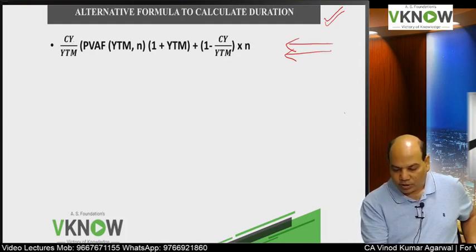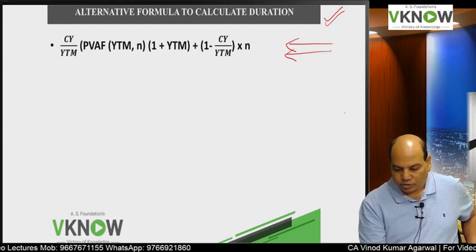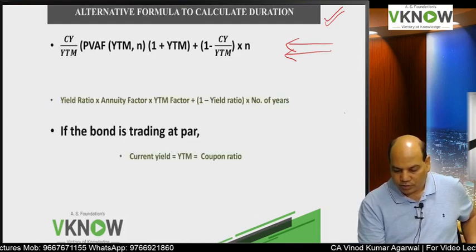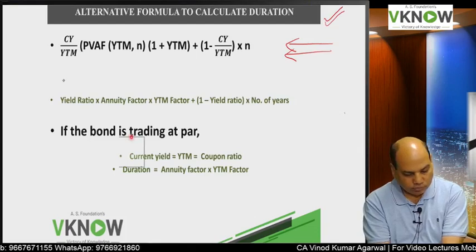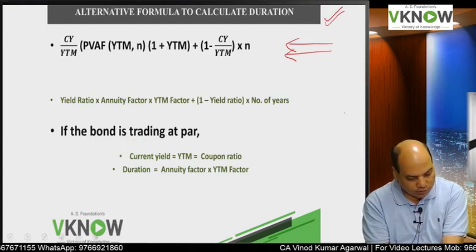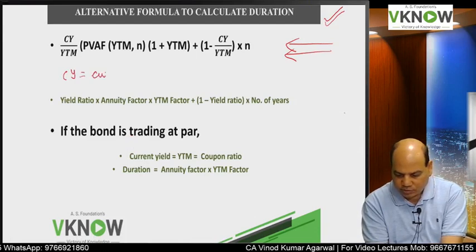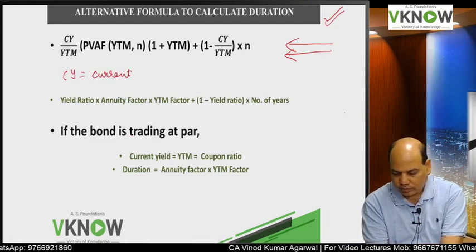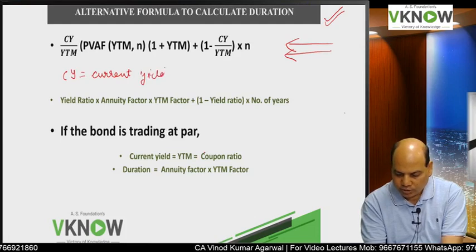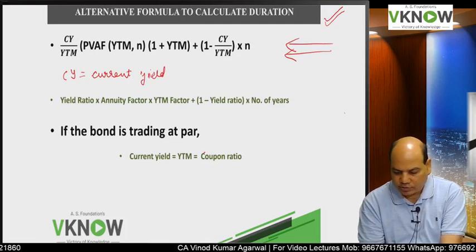The formula is CY upon YTM. Then your question is, what is CY? CY means current yield. In your book I think I have written. If not written, write down CY means current yield. Formula is printed in the book, so don't write. In bold letters it is printed.